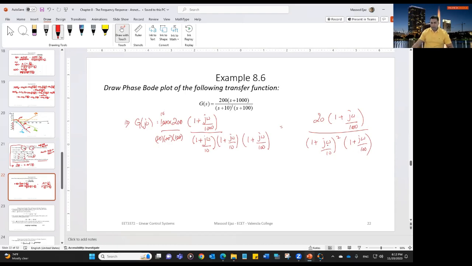So earlier I come to my question. If you are doing the phase Bode plot of this, now phase of the numerator minus phase of the denominator. And if you have product, then the phase adds. If you have division, then the phase subtracts for complex numbers.